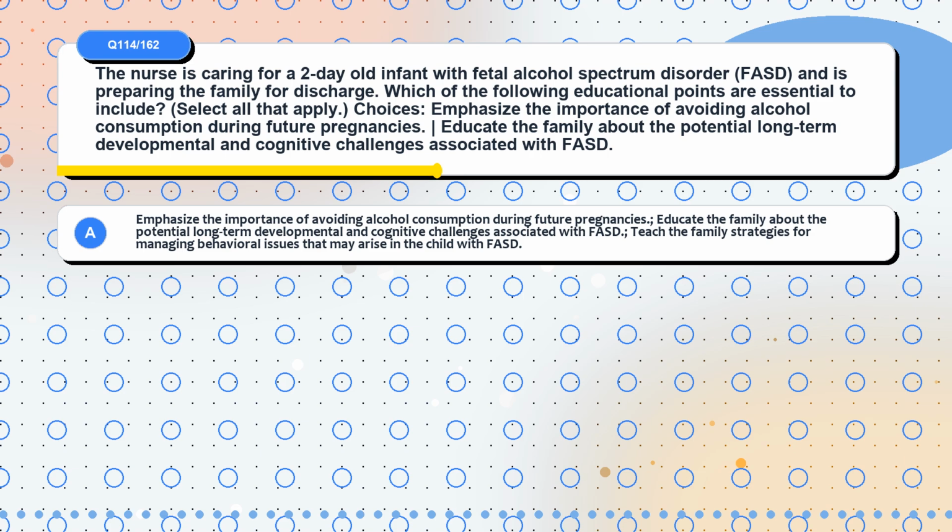Educate the family about the potential long-term developmental and cognitive challenges associated with FASD. Teach the family strategies for managing behavioral issues that may arise in the child with FASD.